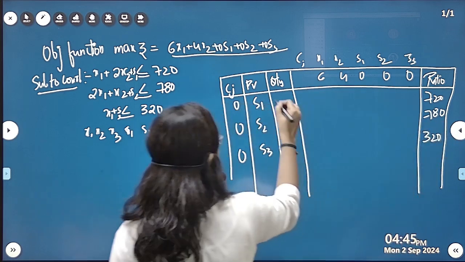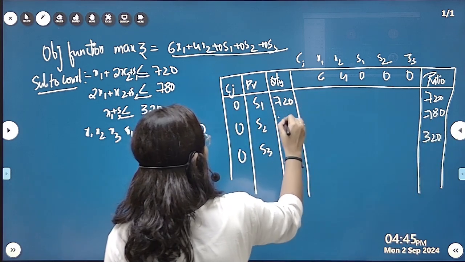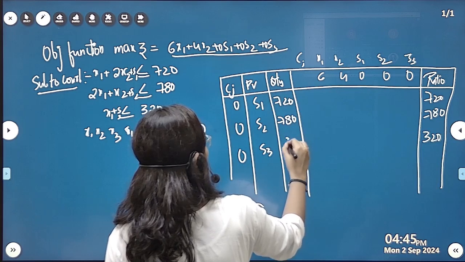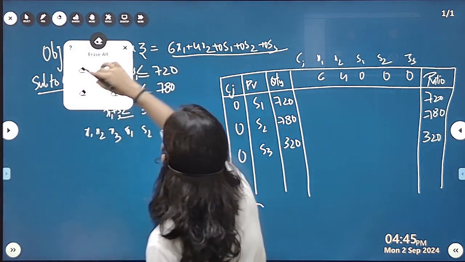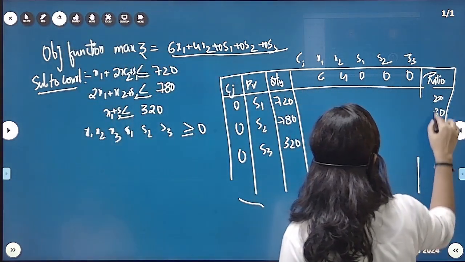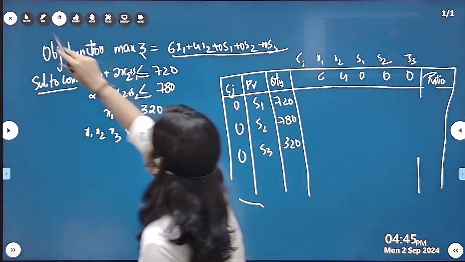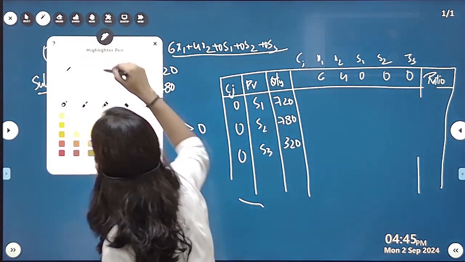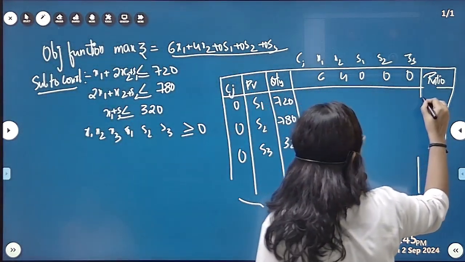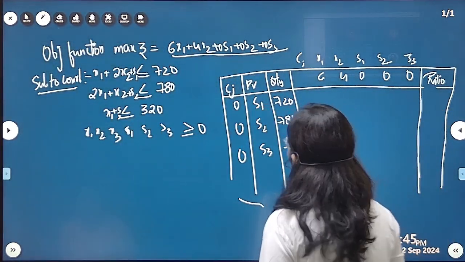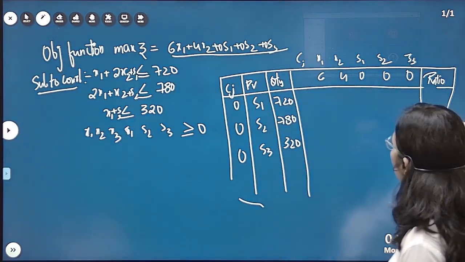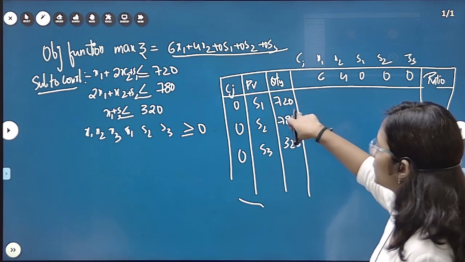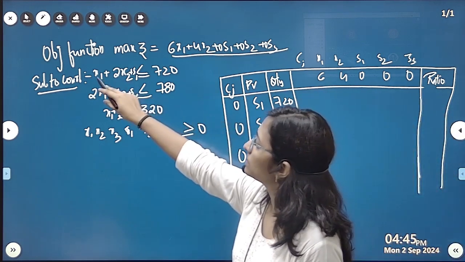Acha, quantity here we should get, that's ratio. 780 and 320. Okay. So tell me now. So what are the values of S1? Where S1 is there, so values of S1 will be here.